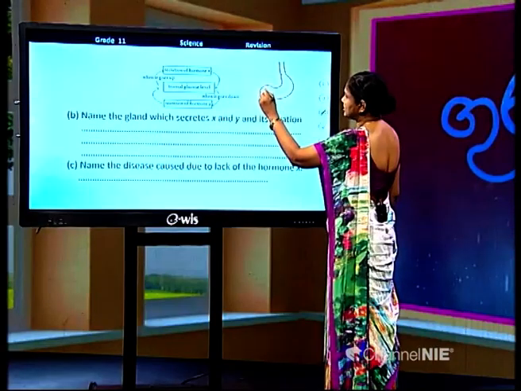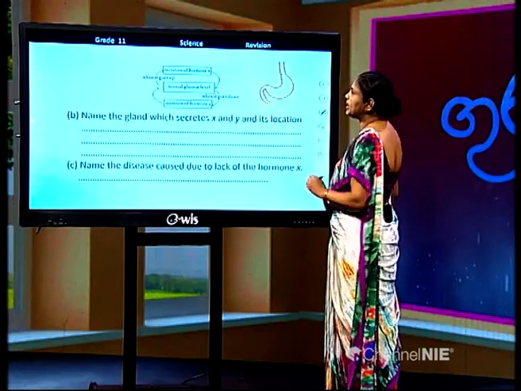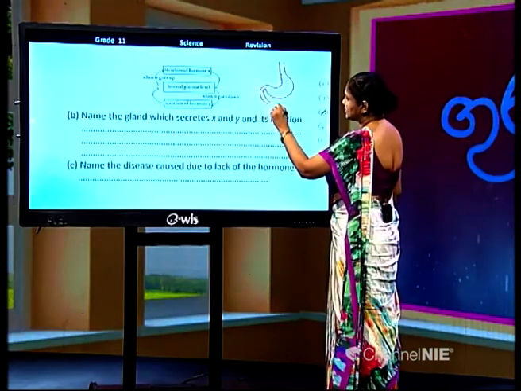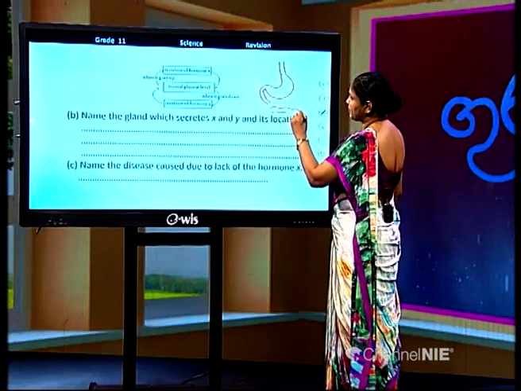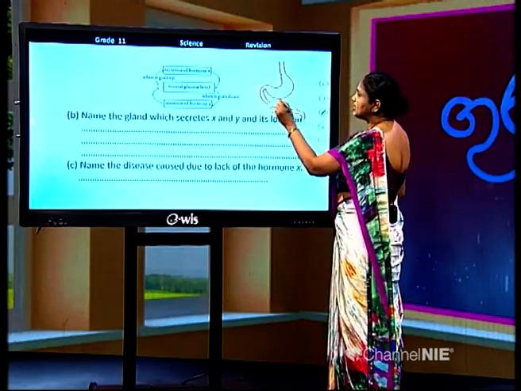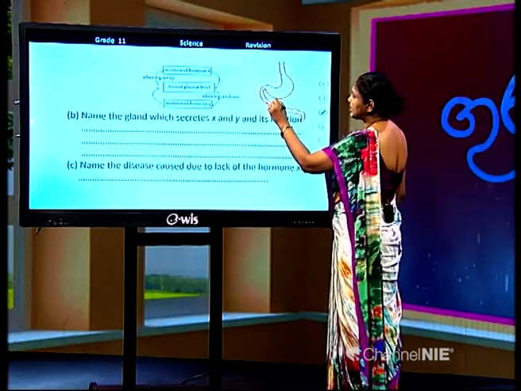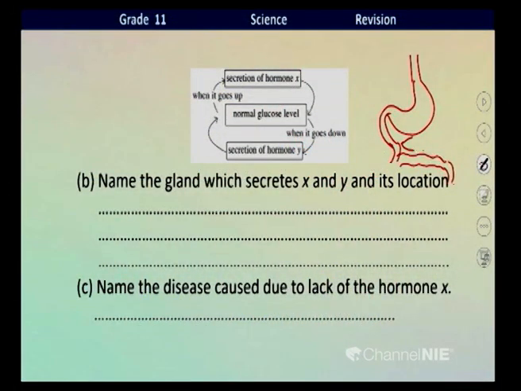You know that this is the stomach and this is the duodenum, and here's the large intestine, something like that. And this pancreas is there just below the stomach, near the bend of the duodenum and just above the large intestine.